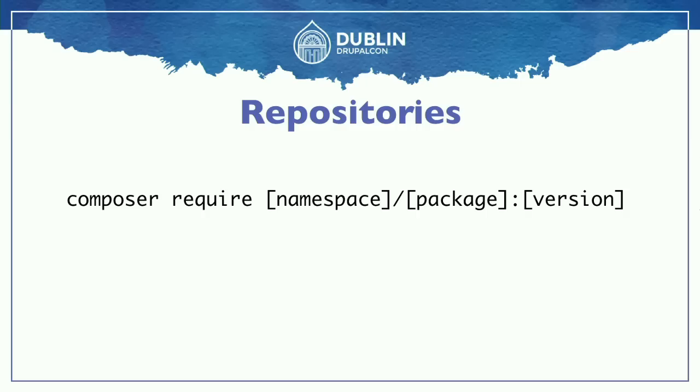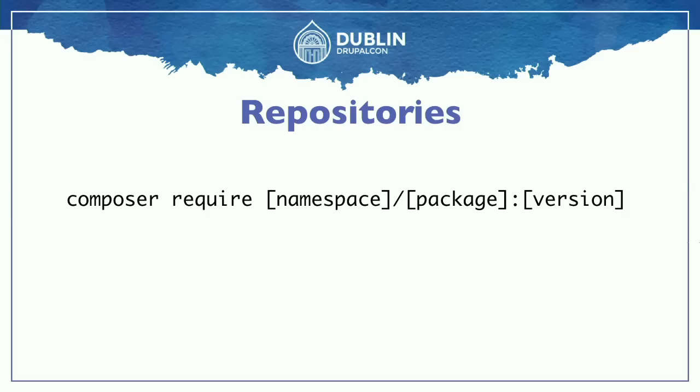If you needed to require a library or a package that you wanted to include, you simply use Composer require and define the namespace, the package, and the version. Composer will go out, it will update your Composer JSON file, and it will automatically go out and fetch the library and install it in your application.